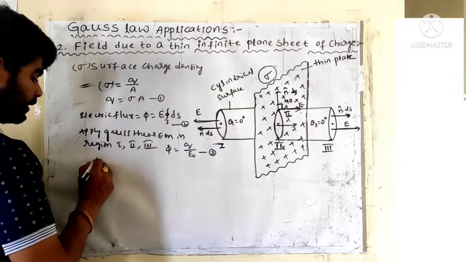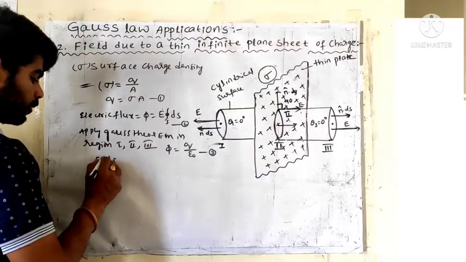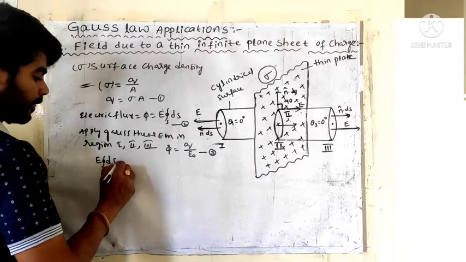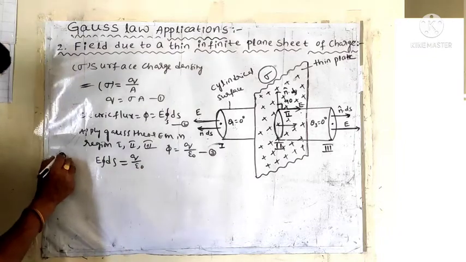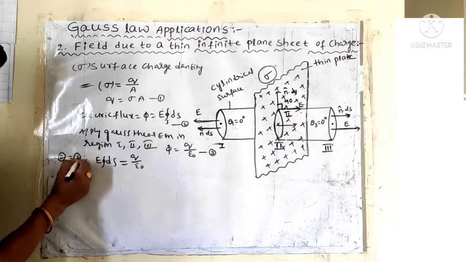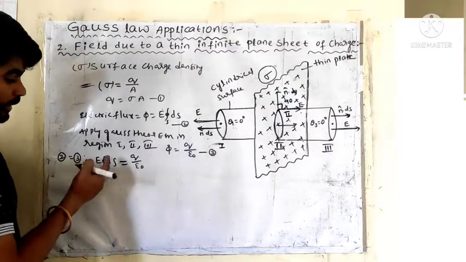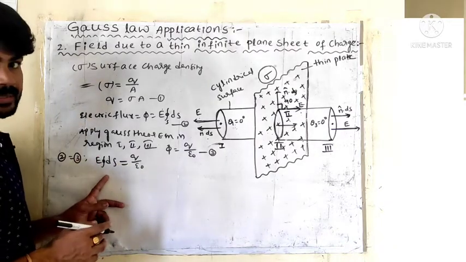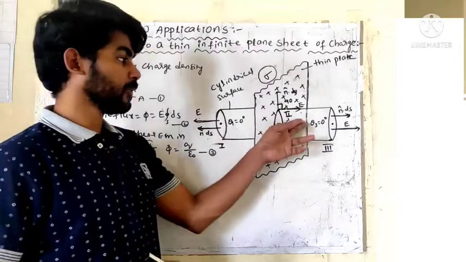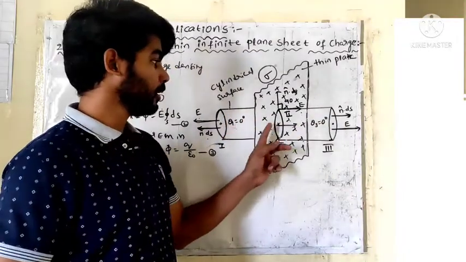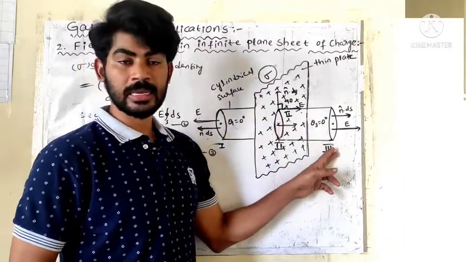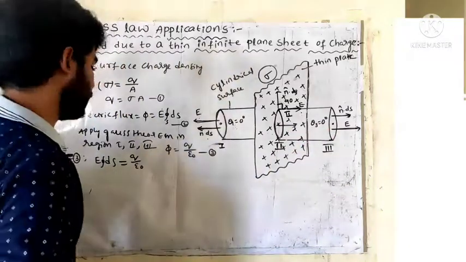Finally, here the closed surface integral of E dot ds is equal to q by epsilon naught, from equation 2 equal to equation 3. So I am calculating the total electric flux in this Gaussian surface. From region 1, region 2, region 3, we are calculating the net electric flux now.